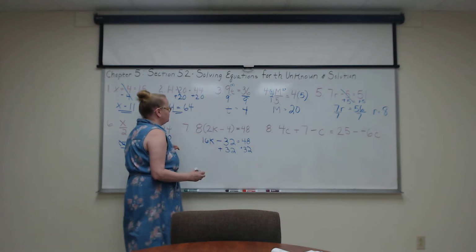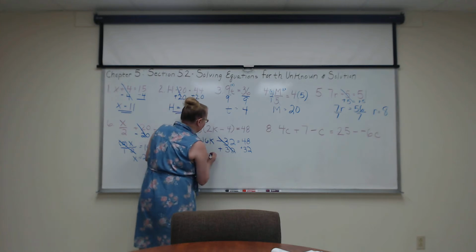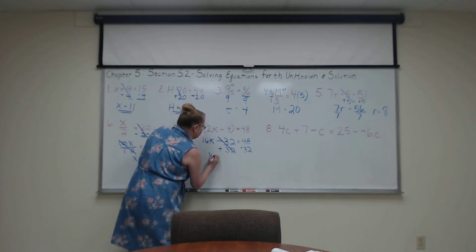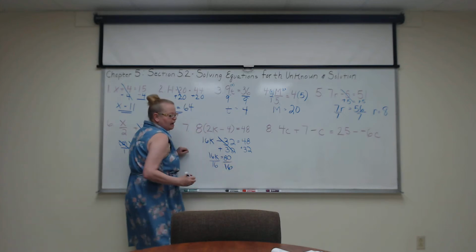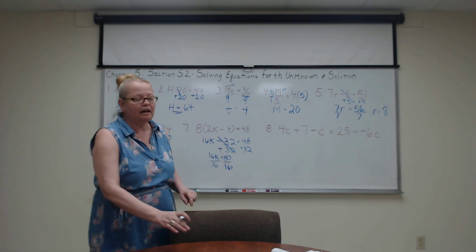So when we do that, we're going to cancel that out. We get 16K equals 80.